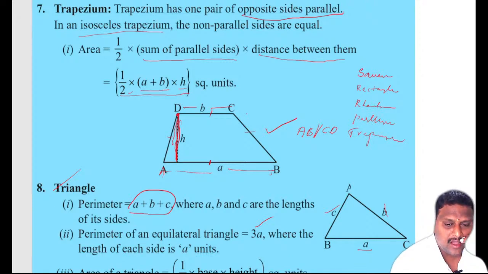And area of a triangle is equal to, very important, half base into height. Area of a triangle is half BH. This is base, and H is height. Height means a perpendicular line drawn to the opposite side.